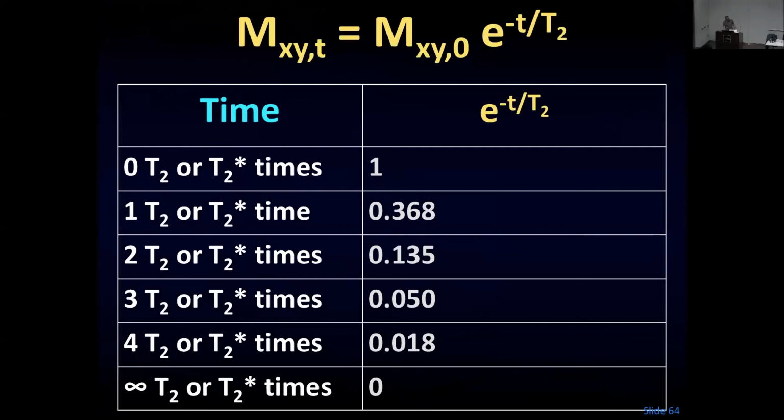If we lose 63% of our signal, we go from 1 to 0.368. Once we're at 0.368, we're only 37% of the way to 0. What is 63% of 37%? Turns out that's about 23%, so we lose 23%, we get to 13.5, et cetera, et cetera.